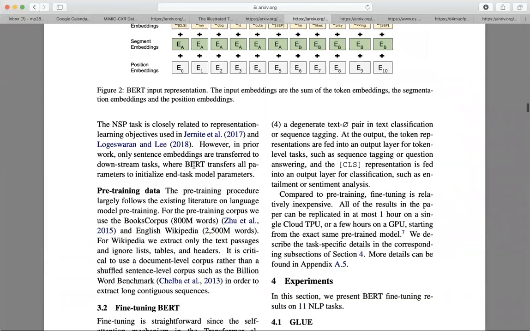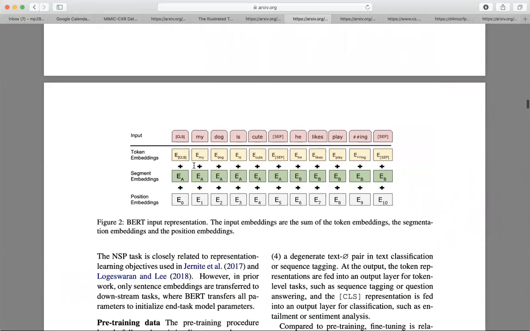All right. So when you pre-train your BERT model like this, let me just erase everything. Yeah, here there's a good illustration. There's sentence 1, my dog is cute, and sentence 2, he likes playing.